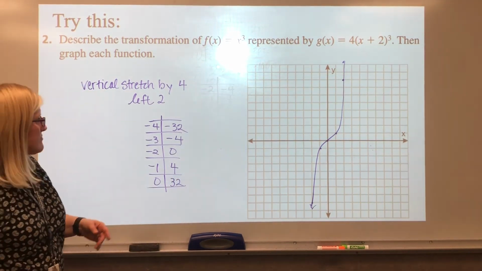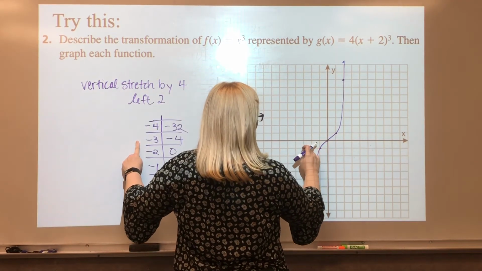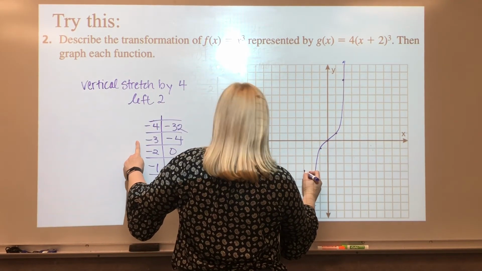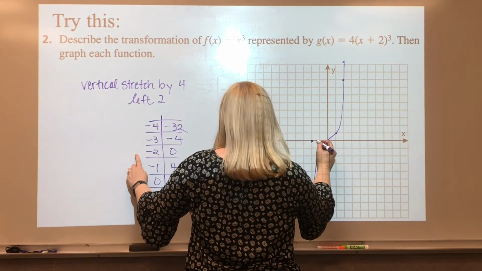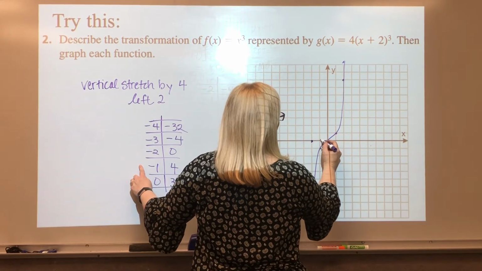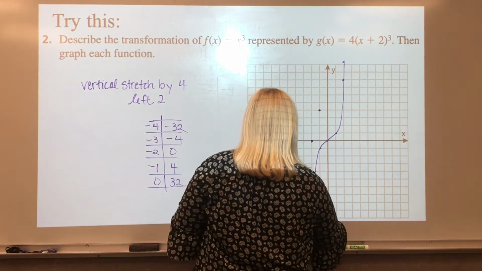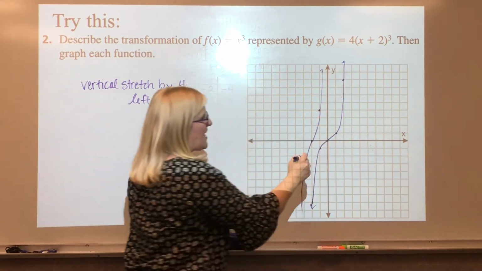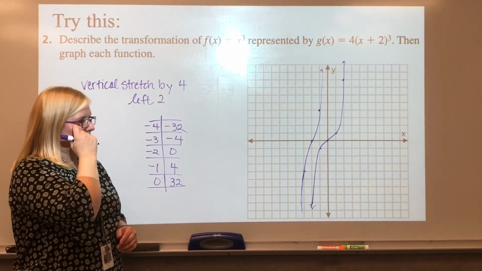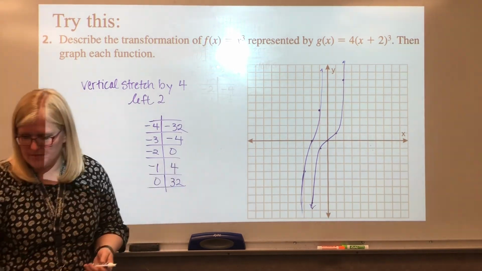All right, so -3, -4, -2, 0, -1, 4, and then it gets really, really big. So it actually straightens out a little bit for this one. Again, put it in Desmos if you didn't want to crunch the numbers.